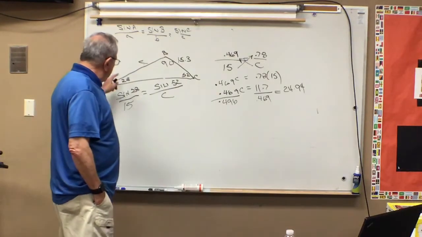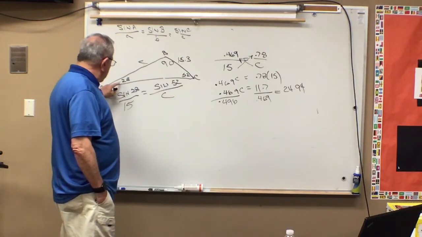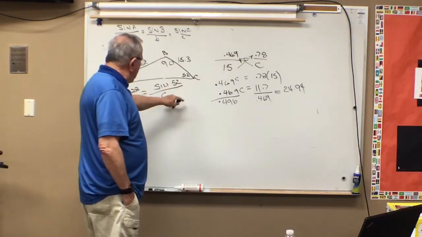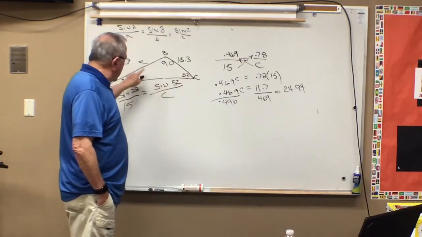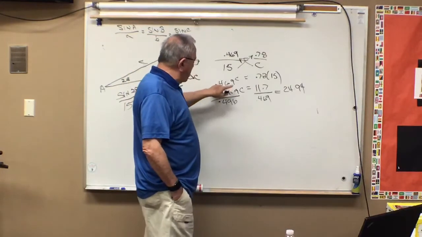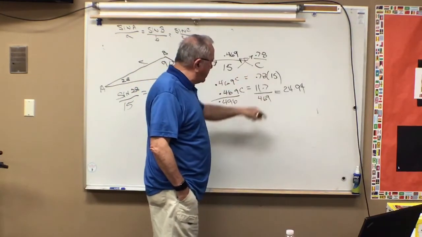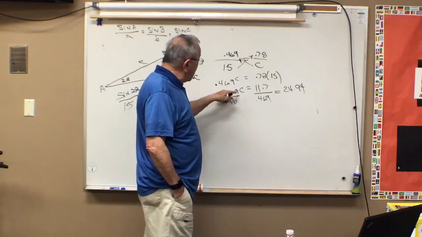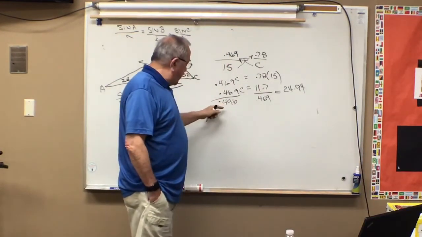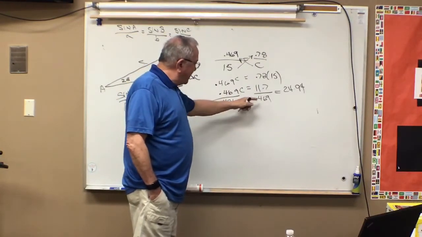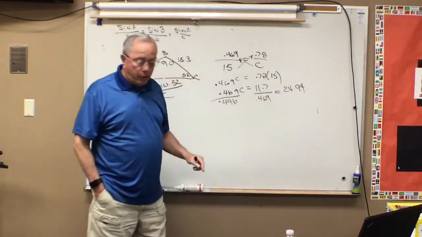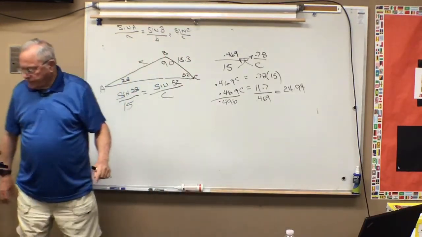All right, so again, the sine of 28 over 15 equals the sine of 52 over C. We cross multiply, we get 0.469C equals 0.78 times 15. We get 0.469C equals 11.7. We divide both sides by 0.469, and guess what? C equals 24.94. All right.